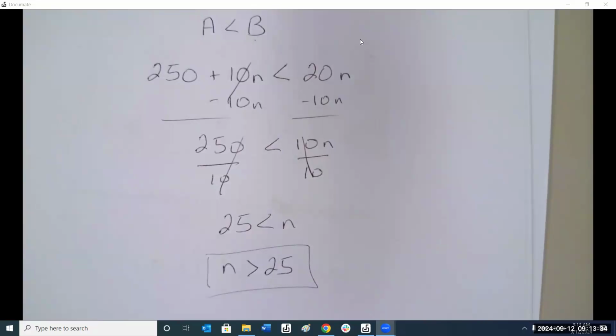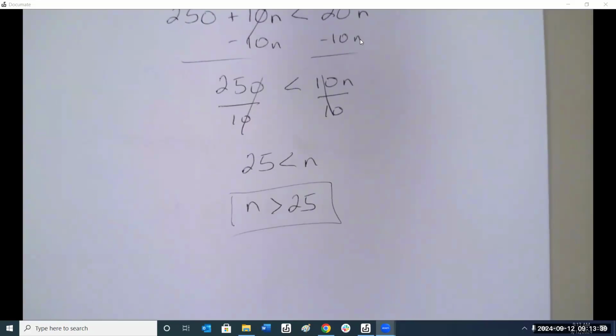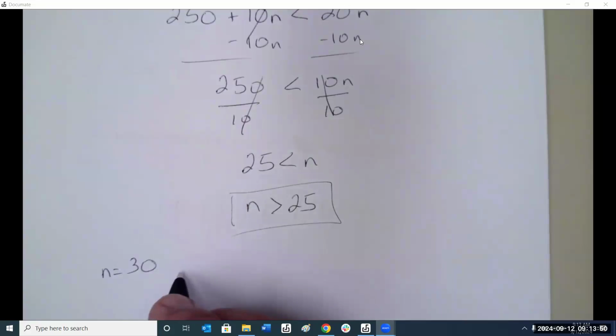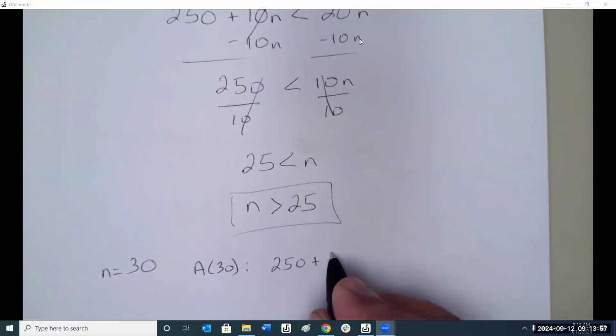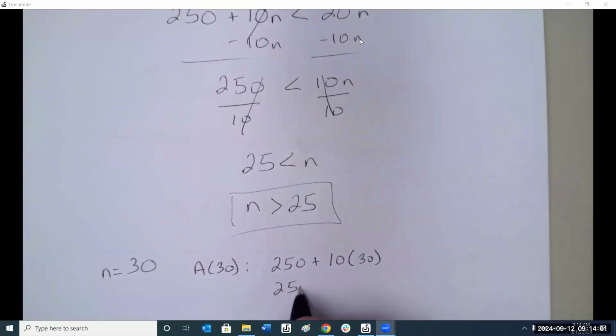Is that true? So let's try n equals 30. Plan A at 30 gives us 250 plus 10 times 30. 250 plus 300 equals 550.